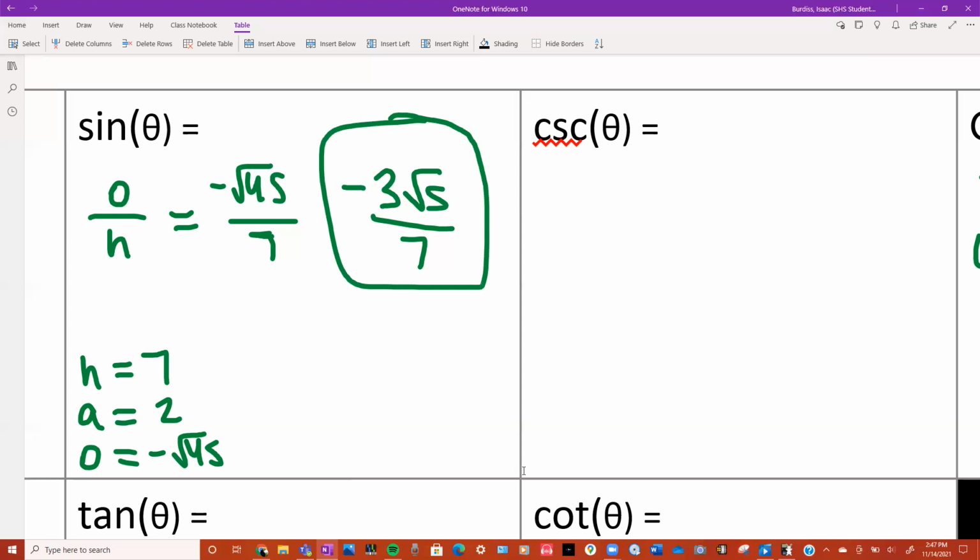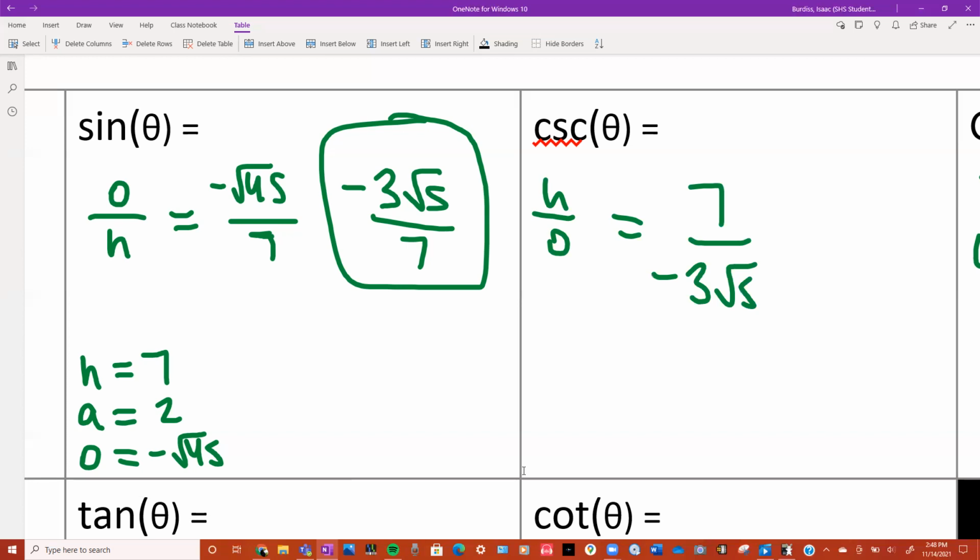Now, cosecant of the angle. Well, we don't really have to do much work, do we? Because I just said cosine, sorry, cosecant, CSC, cosecant. We're looking at that now. We know that that's just flipped over because it's an inverse function, and cosecant is h over o. So we're just going to change that to 7 over negative 3 root 5. Oh, but guess what?